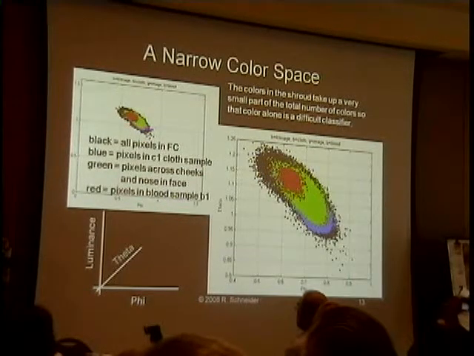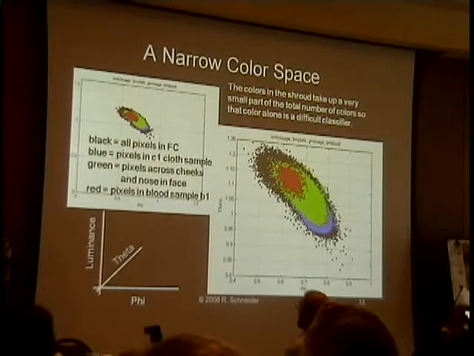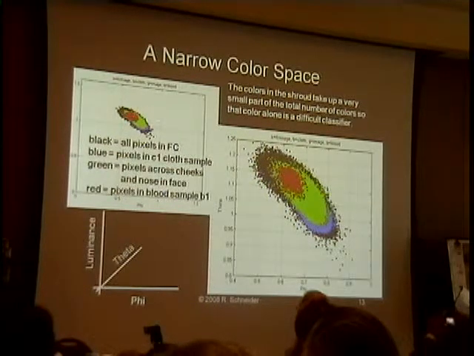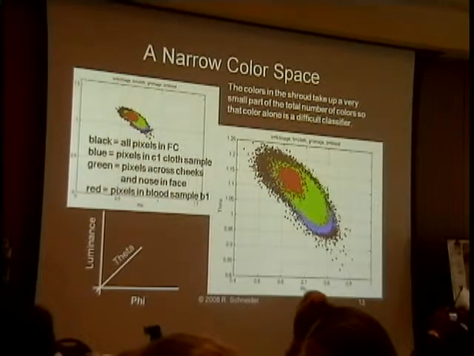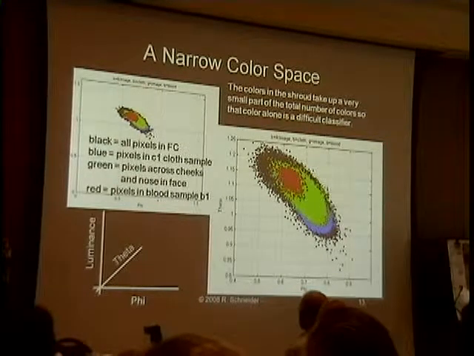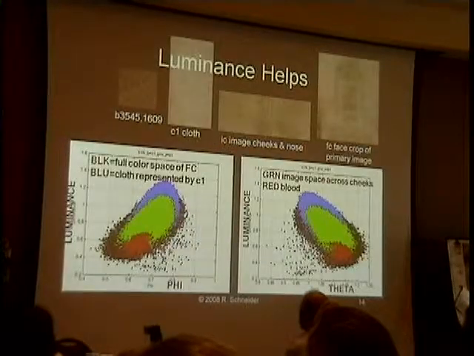Inside that, the blue guys are the pixels in a sample that I called C1. It's a fairly large clean cloth sample. So the blues, the clean cloth's over here, the blood's over here. In between is sort of the image, but they're all clobbered together. And here's what it looks like when you blow it up. So this is a whole bunch of pixels from the Shroud, just to give you an idea of the coverage of the color space.